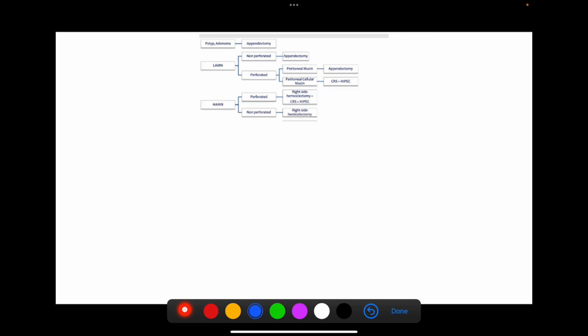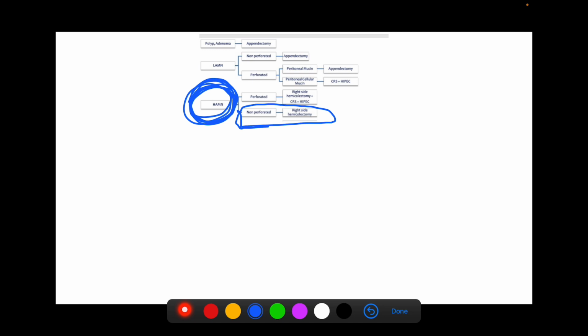If it is a high grade appendiceal mucinous neoplasm, again, if it is not perforated, go for right hemicolectomy. So, high grade appendiceal mucinous neoplasms, even if they are not perforated, we have to go for right hemicolectomy, because the management is like adenocarcinoma of the right colon.